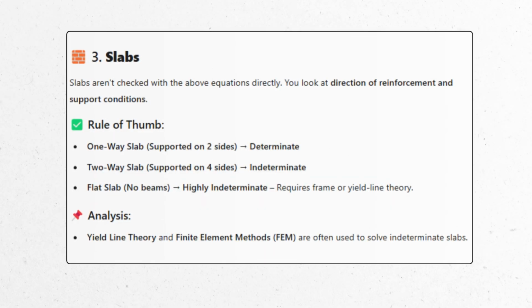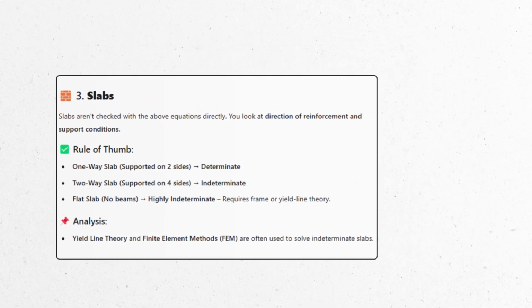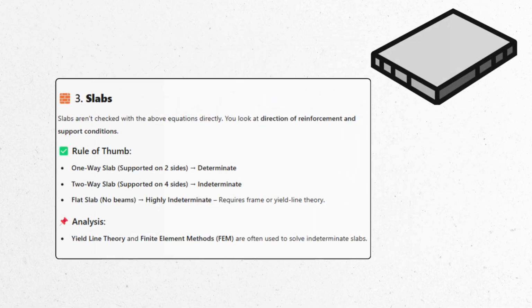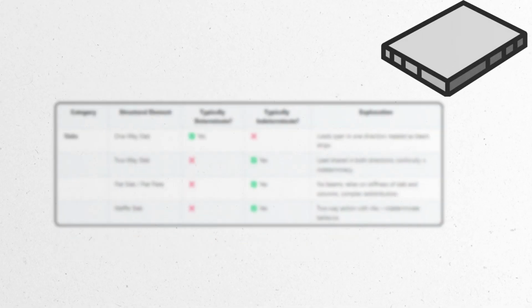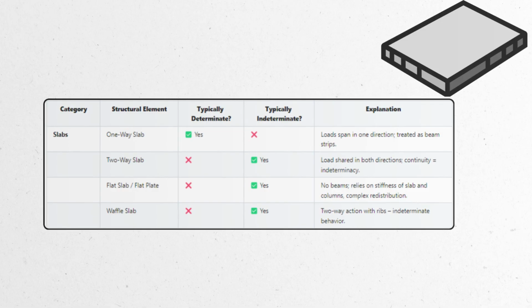Slabs. For slabs, the determinacy depends mainly on support conditions and load distribution. Most slabs are structurally indeterminate because loads are shared in more than one direction. For example, a one-way slab behaves similar to a beam. Load transfer is mainly in one direction.